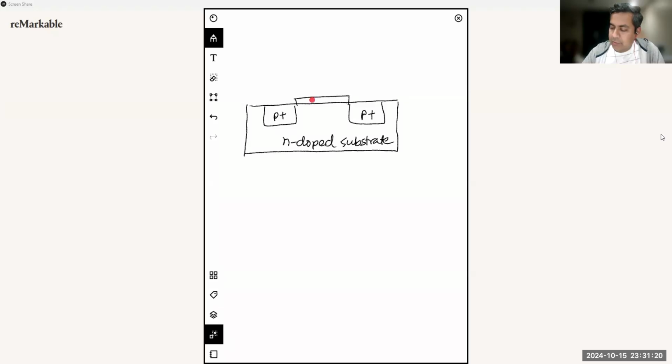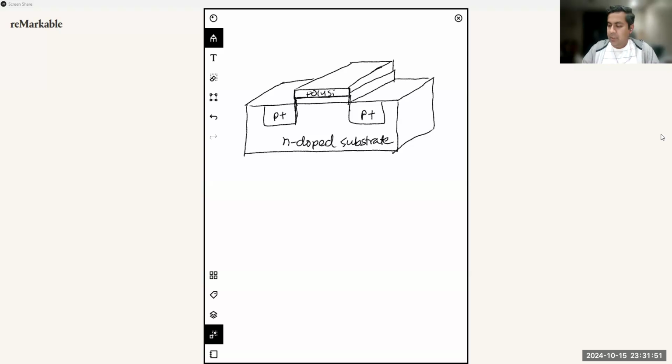On top of it, you have again a silicon dioxide insulation layer, and on top of it, you have a polysilicon gate layer. So you can call this a P-channel MOSFET, or PMOS.